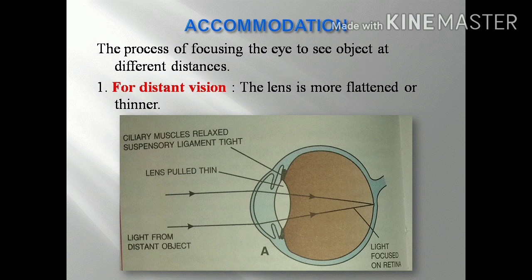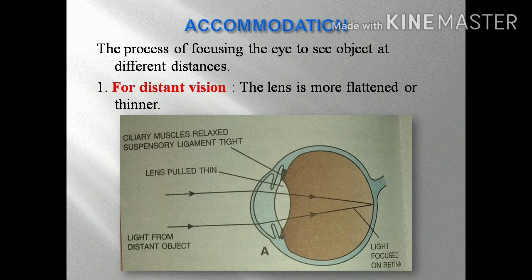This is mainly brought about by a change in the curvature of the lens, making it thinner or flatter, depending upon the distance of the object.